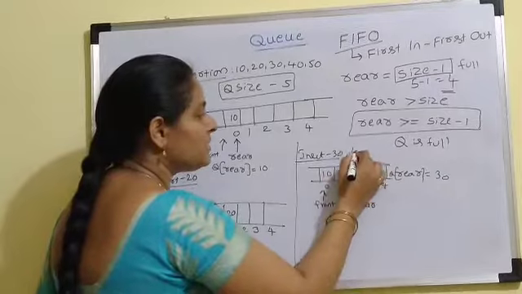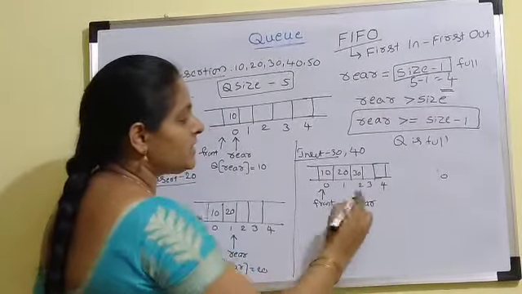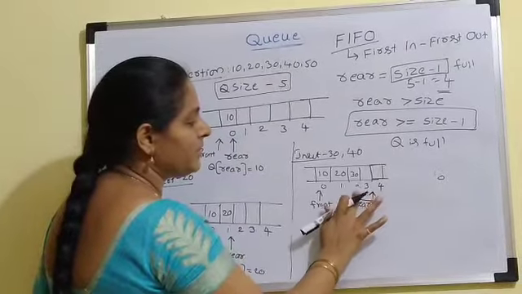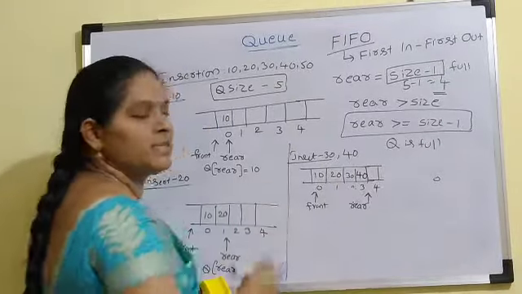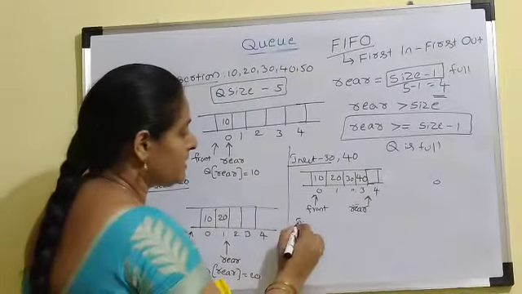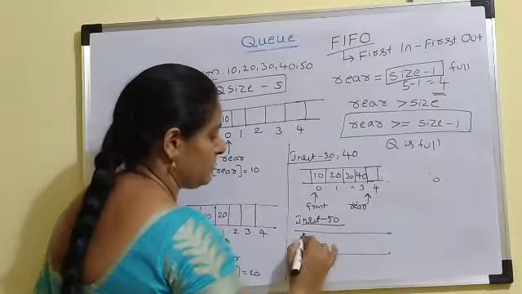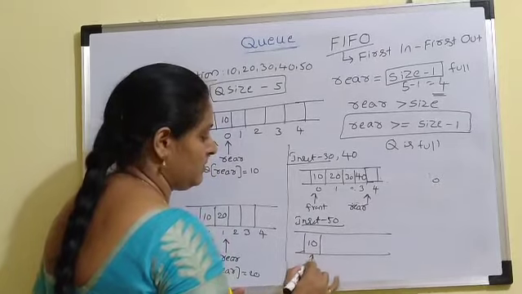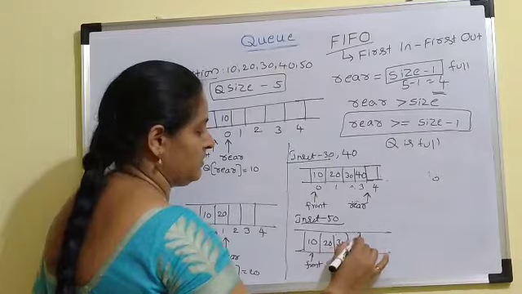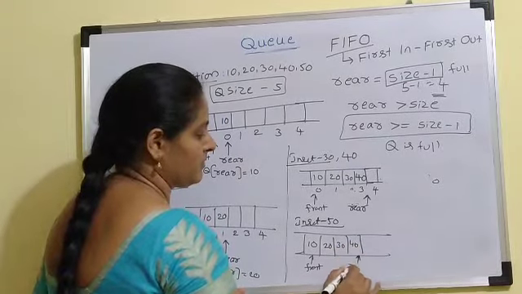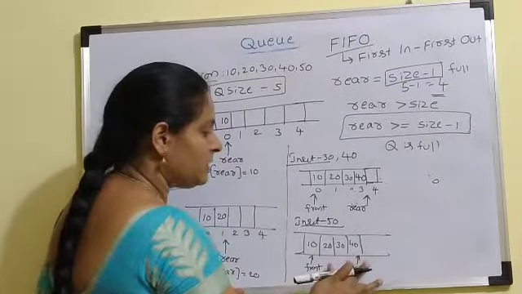Similarly, if you want to insert 40, what do we need to do? Just increment the rear pointer by 1. Then wherever the rear pointer is pointing, insert the element. Now if you want to insert 50, see, here also it is the same.